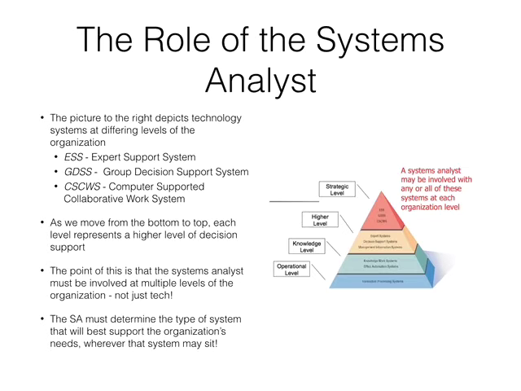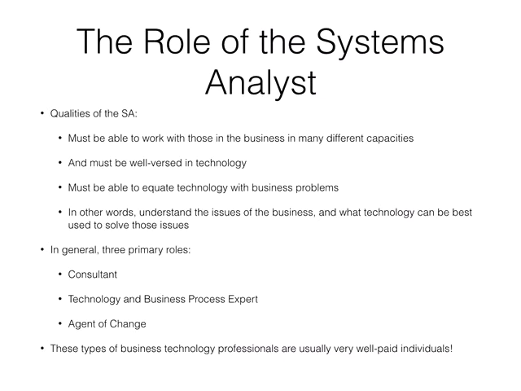So the point of this is that the systems analyst can't just be involved in one of these levels. It has to be involved at multiple levels. Being a systems analyst is not just about technology. It's about the confluence of business and technology. And so the systems analyst must determine the type of system that will best support the organization's needs wherever that system may sit.